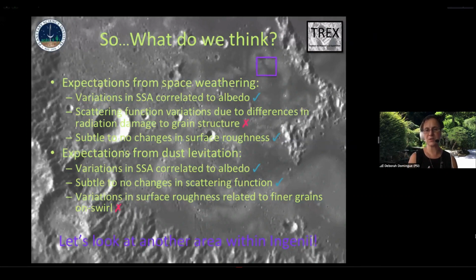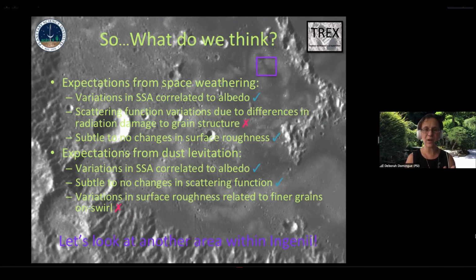The dust levitation model, since that has not been discussed too much, supposes that we have a fine grained feldspatic portion that is preferentially placed in the bright swirl region. So feldspar is brighter than the brightest portion of the regolith. So that's why we would see the correlation with single scattering albedo.